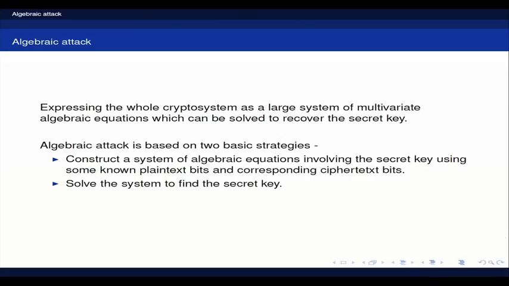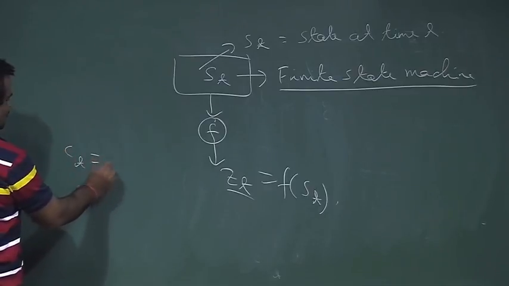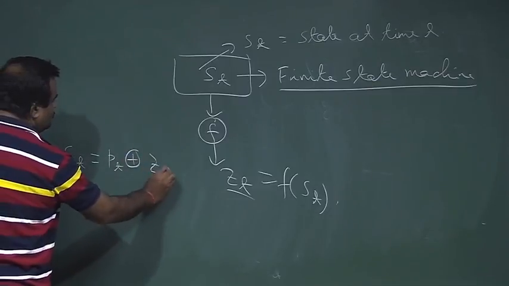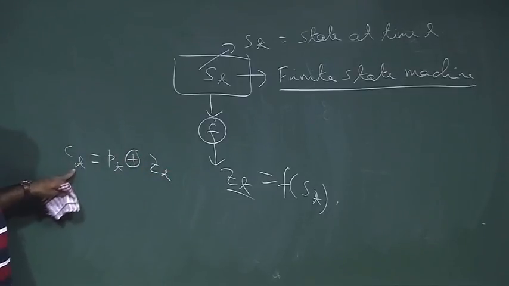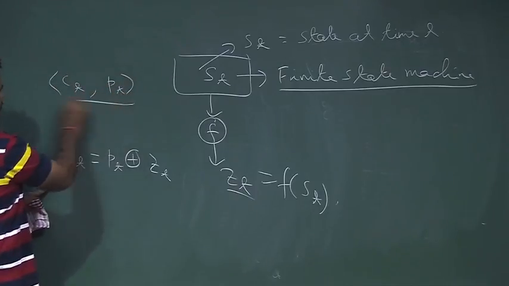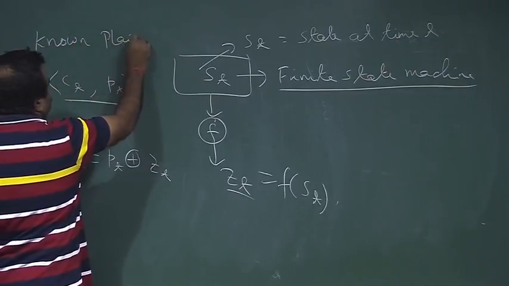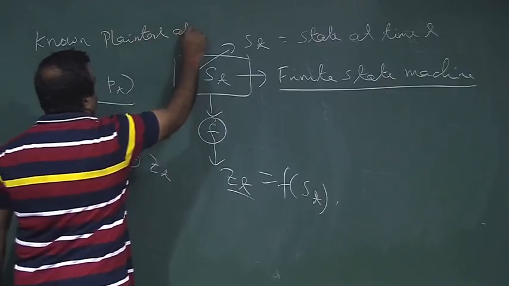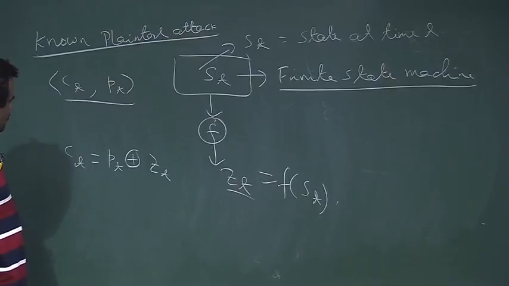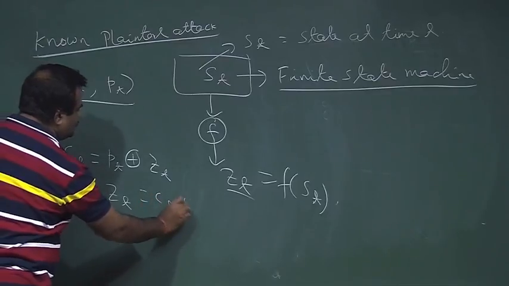So basically what we are doing, this is the key. Our ciphertext is basically PT XOR ZT. Now if we know this CT and PT for some t, so this is a known plaintext attack, then ZT is basically CT XOR PT.